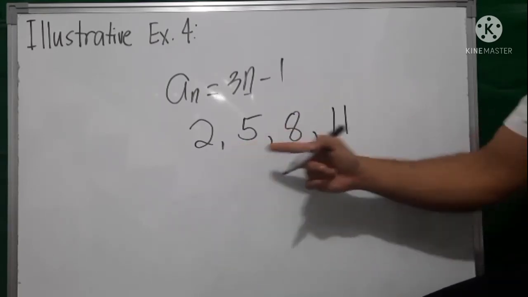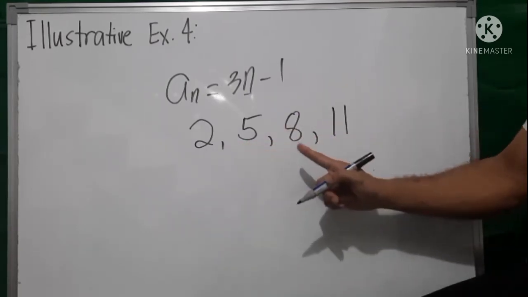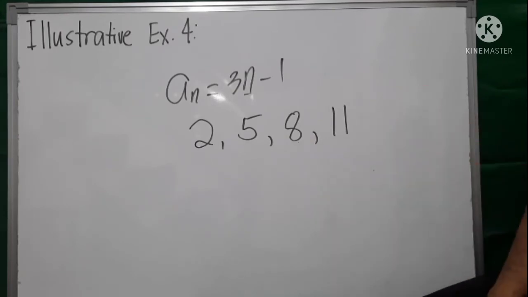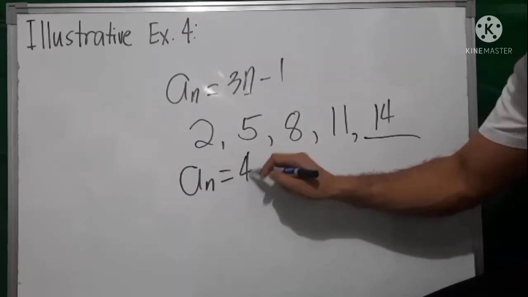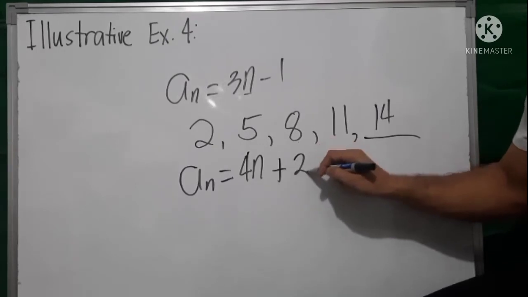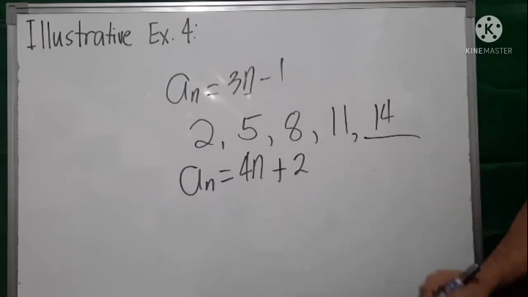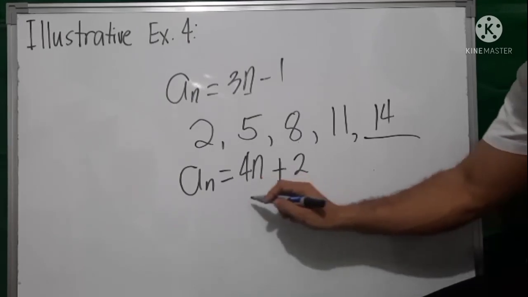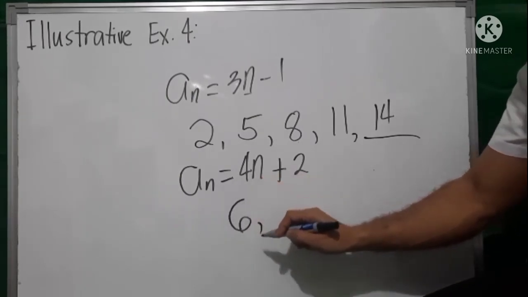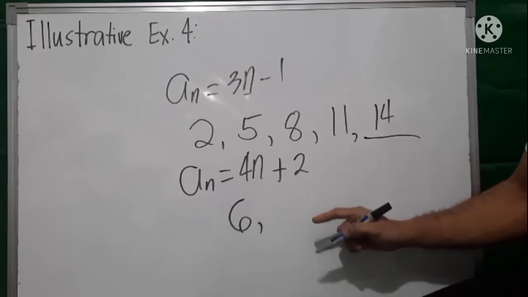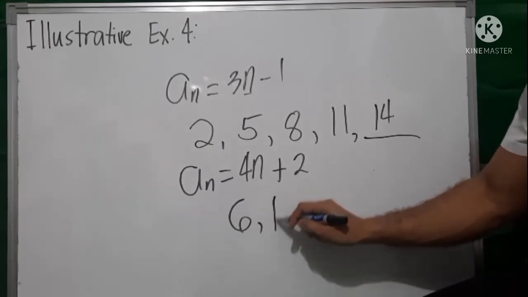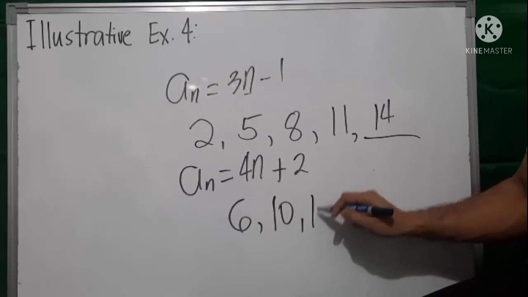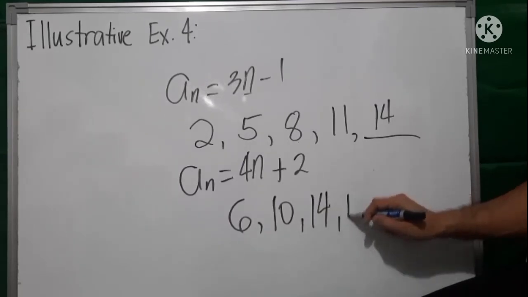So therefore, the first 4 terms are 2, 5, 8, and 11. Now suppose a sub n is equal to 4n plus 2. So let us just get the first term. 4 times 1 is 4, right? Plus 2 is equal to 6. Next, just add 4. 4 plus 6 is equal to 10. Then 10 plus 4 is equal to 14. 14 plus 4 is equal to 18. So I hope everything's clear.